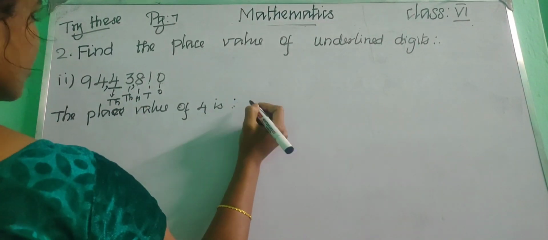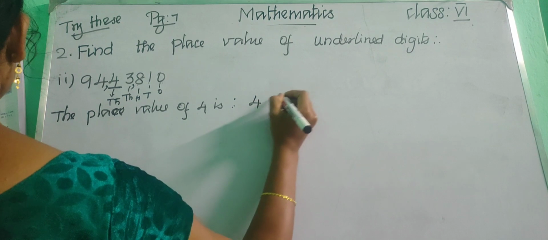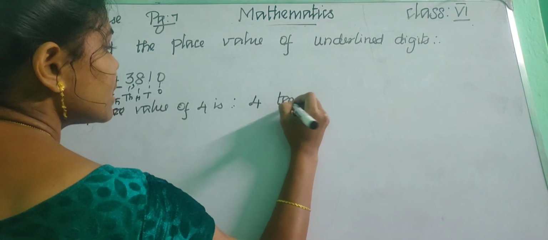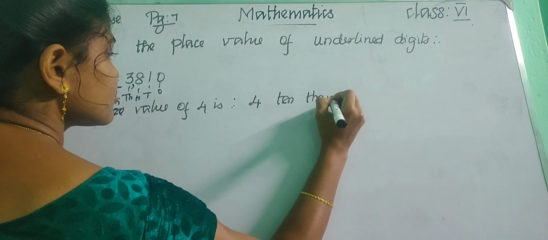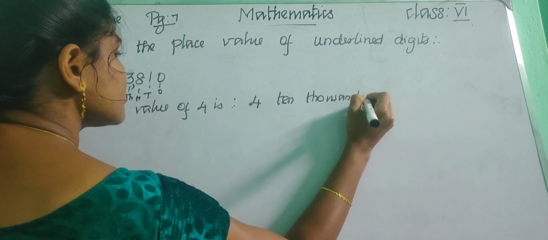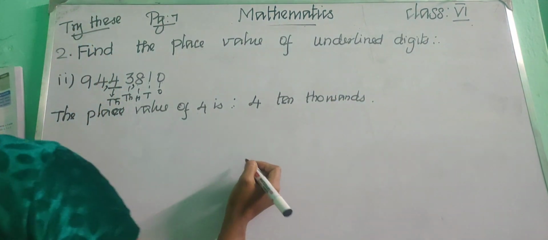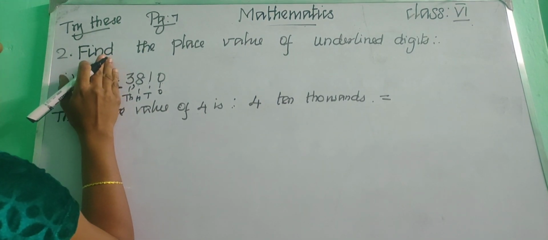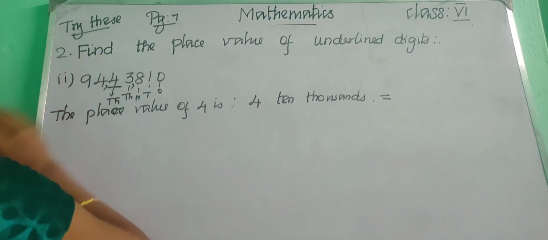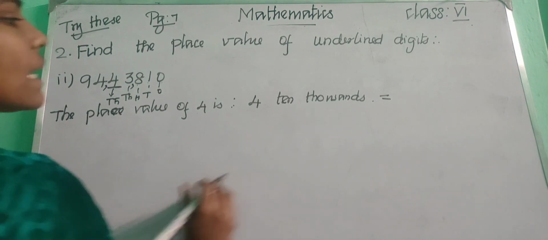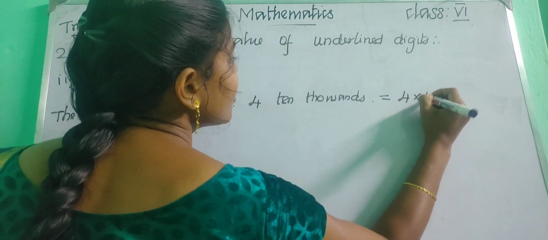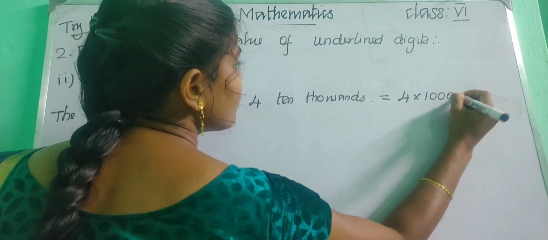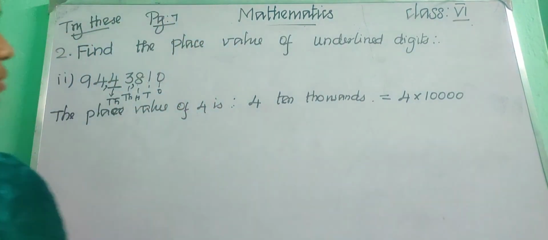So for 10,000s, what we need to put? Just hide this 4 and count the digits: 1, 2, 3, 4. 4 digits are there, so we can write 4 into 1, 2, 3, 4 zeros.